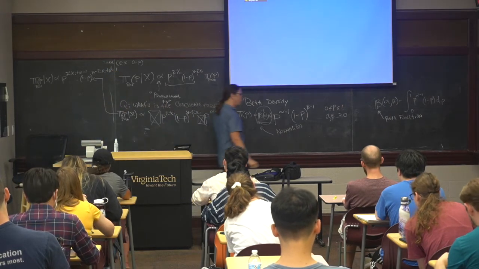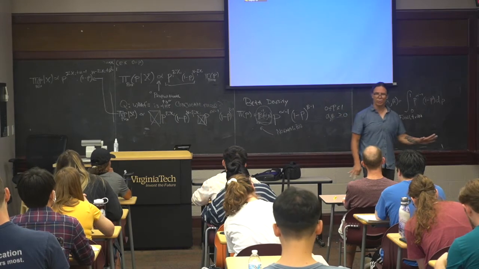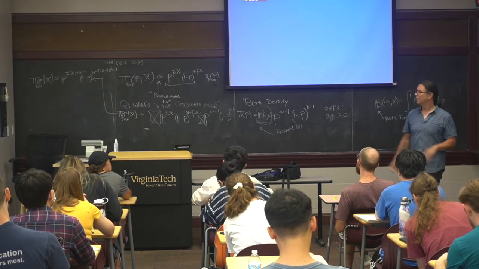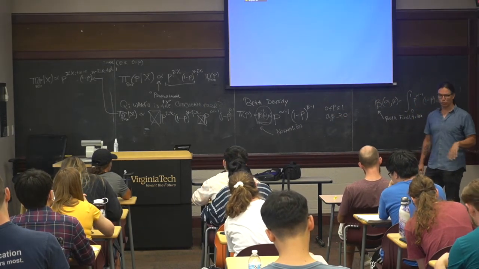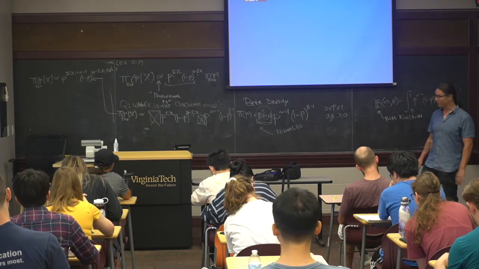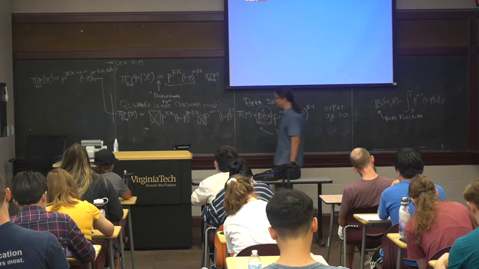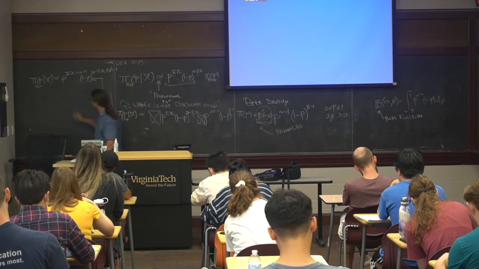I never soak up that minus 1. If I have real numbers in there, I always leave the minus 1 because I can recognize what distribution this is by isolating the minus 1. So as promised, this is a beta.